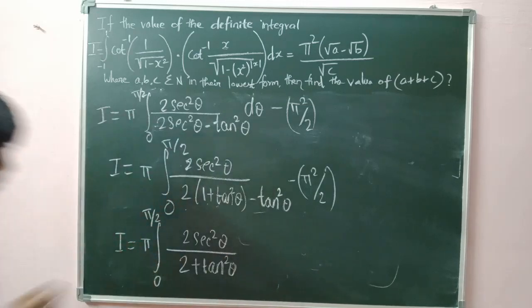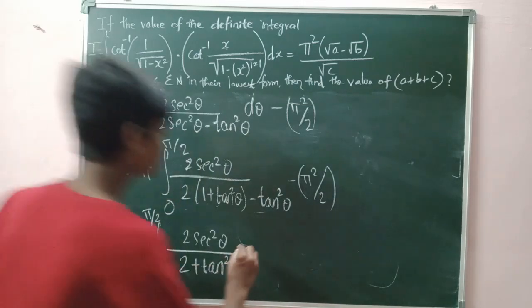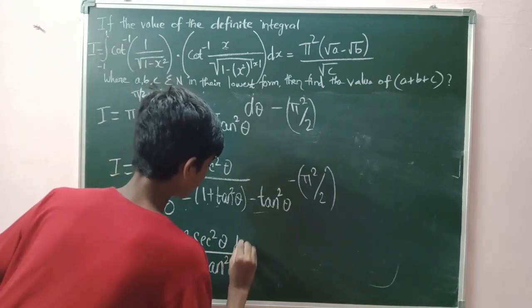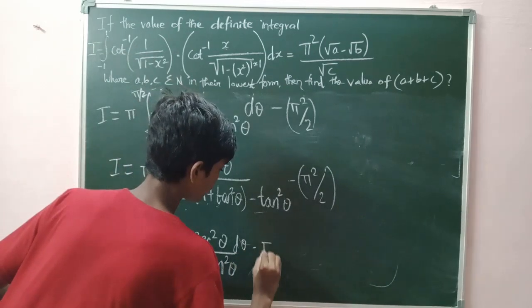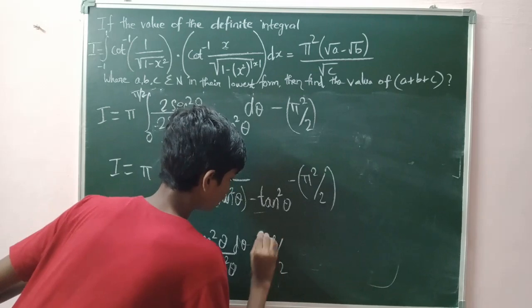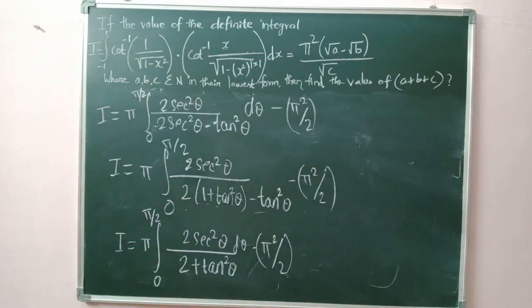Okay, people. So now what I'm going to do is use a substitution. So it will be d theta over here. Then minus pi square by 2. So I will rub these things. Minus pi square by 2.